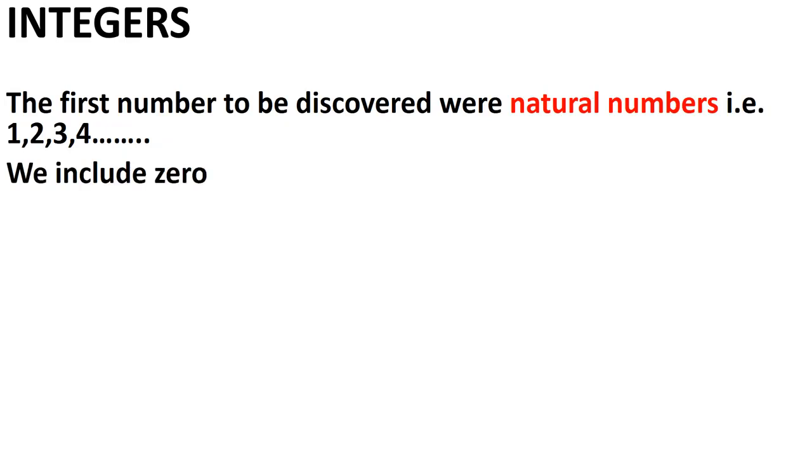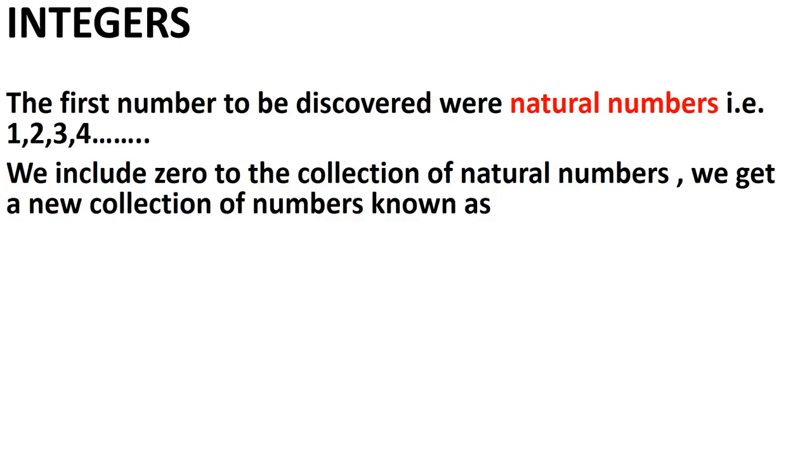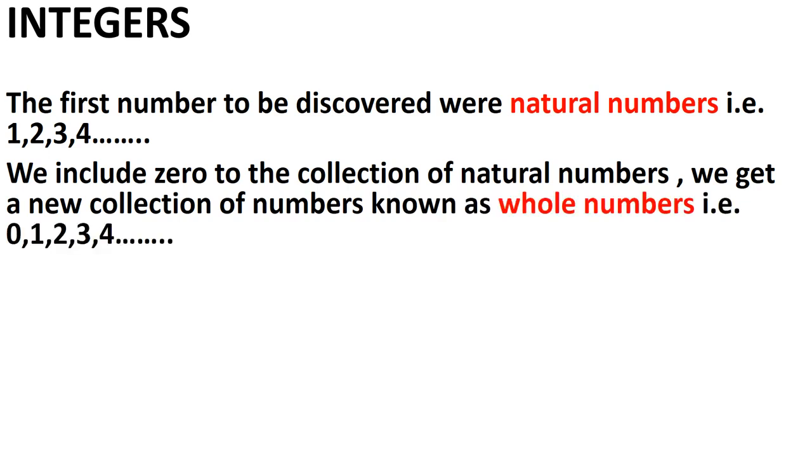After that, we include 0 in the collection of natural numbers and we get a new collection of numbers which is known as whole numbers, that is 0, 1, 2, 3, 4 and so on.